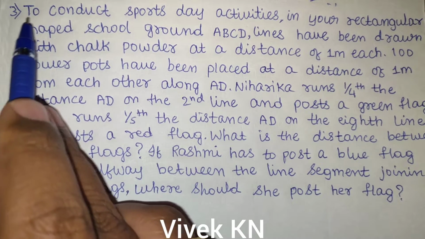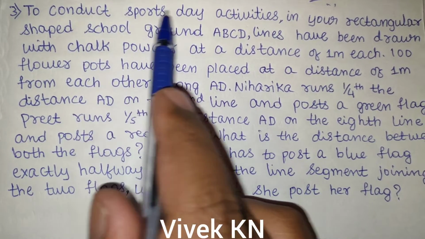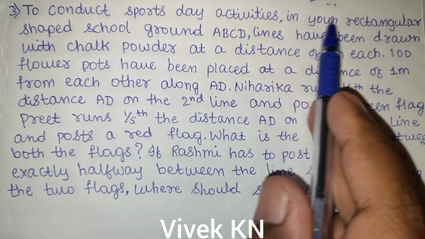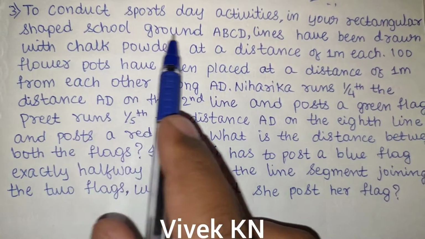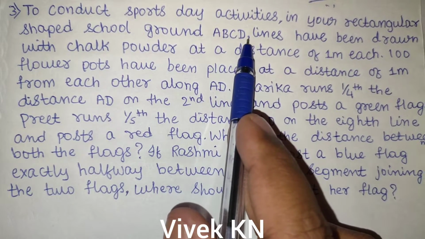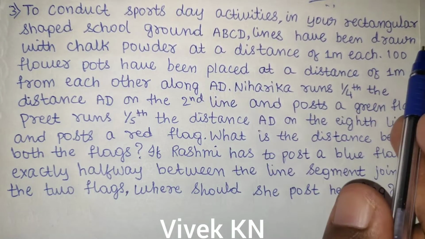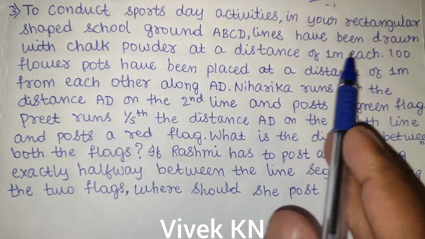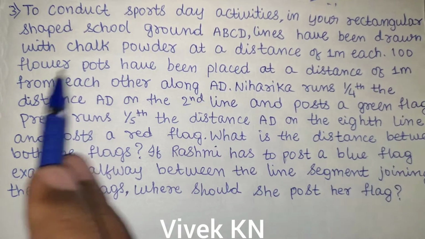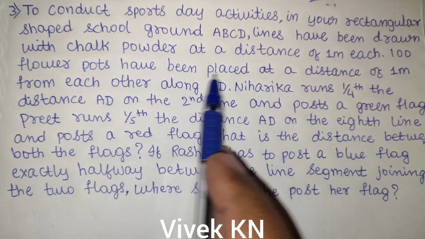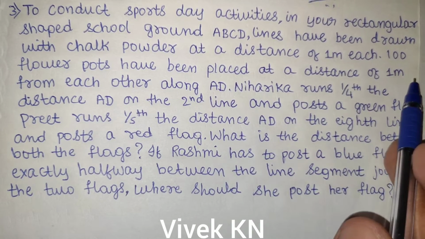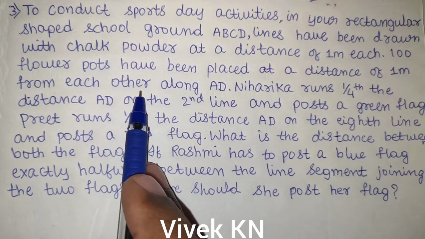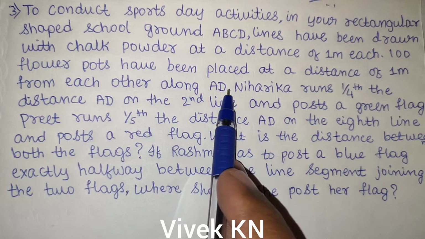Third question, to conduct sports day activities in your rectangular shaped school ground ABCD, lines have been drawn with chalk powder at a distance of 1 meter each. 100 flower pots have been placed at a distance of 1 meter from each other along AD.